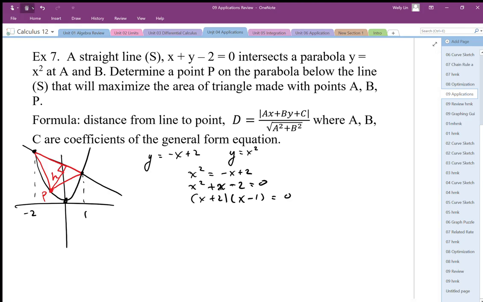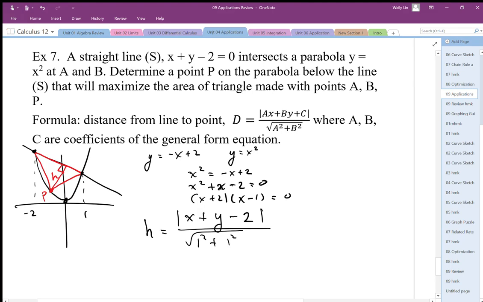So I'm going to set this up then. The h is what I want to maximize. I'm going to put it in here as the absolute value of 1x plus 1y minus 2, all over the square root of a squared plus b squared, which is 1 squared plus 1 squared. So it's all over root 2.